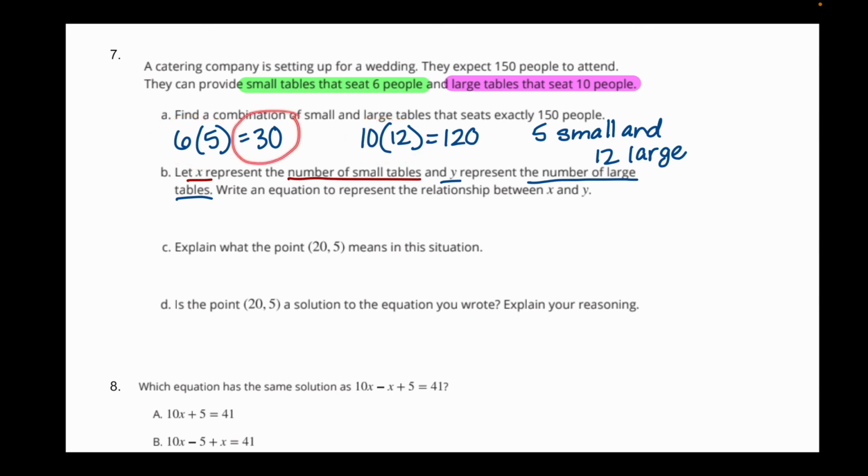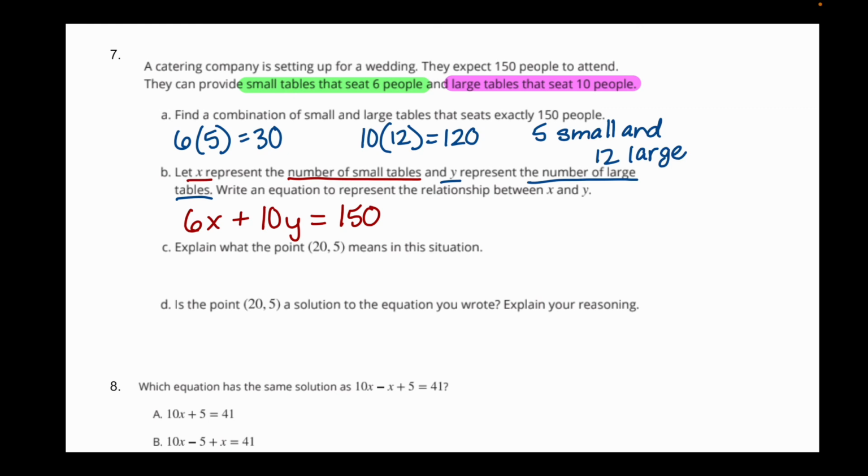But I didn't show everything here completely. I showed what those are equal to, and I know that was supposed to add up to 150. So I am going to say that we have 6 times X, we're going to add the 10 times Y, and this is supposed to create 150 seats.